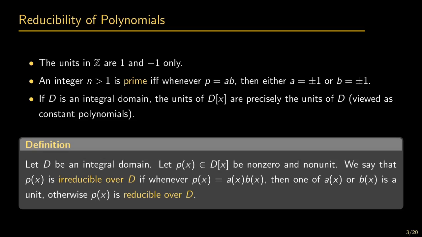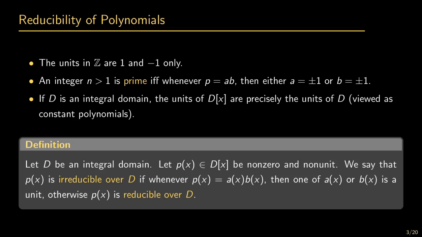We say that p(x) is irreducible over D, so we are first defining what we mean by irreducible and we also talk about the set involved, if whenever we can factor p(x) as a(x) times b(x), then one of these factors will be a unit.